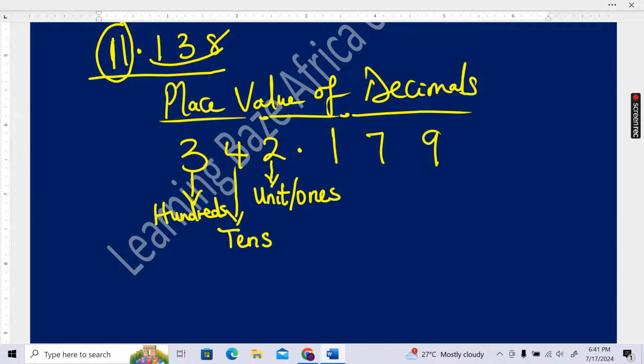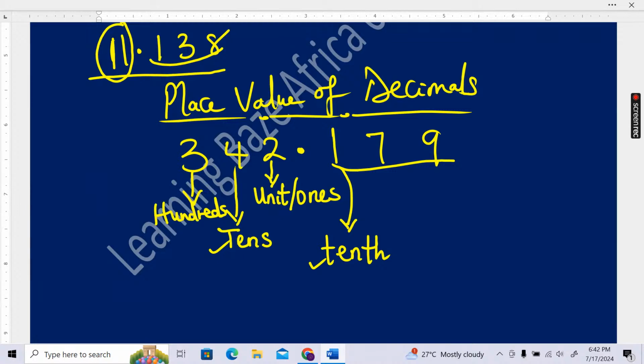Now, on the right side of the decimal point, we have the decimals. The first digit is in the one decimal place, known as the tenth. You can look at the spelling; it is different from tens, as in the whole number.